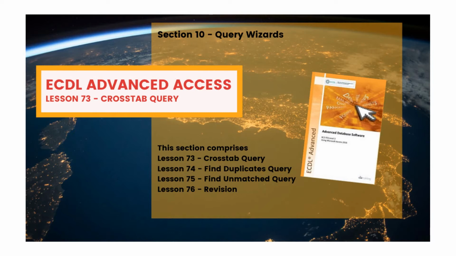Okay, so let's introduce crosstab queries. By default, a line on a query result represents a record of some kind. A crosstab query, however, shows summarized values such as sum, average, count, max, min, etc. for fields within a table or query and groups them together into a matrix kind of display.